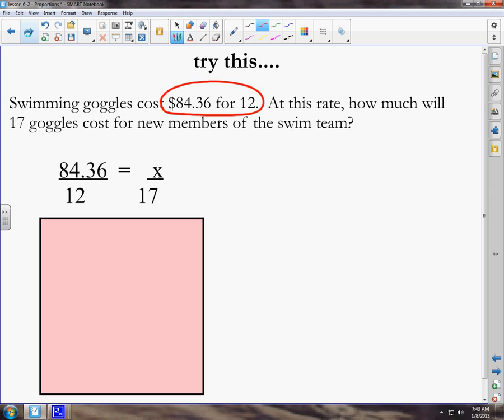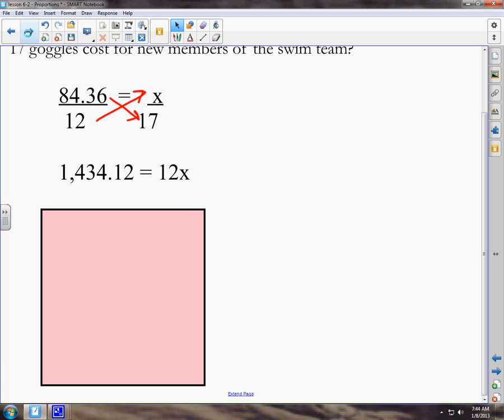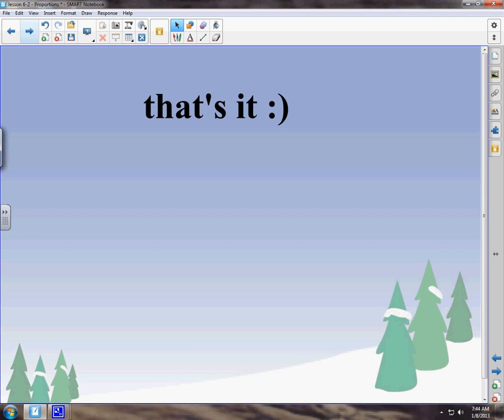And then x over 17, because I don't know the price, and I know that I want 17 goggles for the new members of the swim team. I take my calculator, and I cross multiply. So I get $1,434.12 equals 12x, and then I divide by 12, and it would equal $119.51. All right, that is it for your notes.